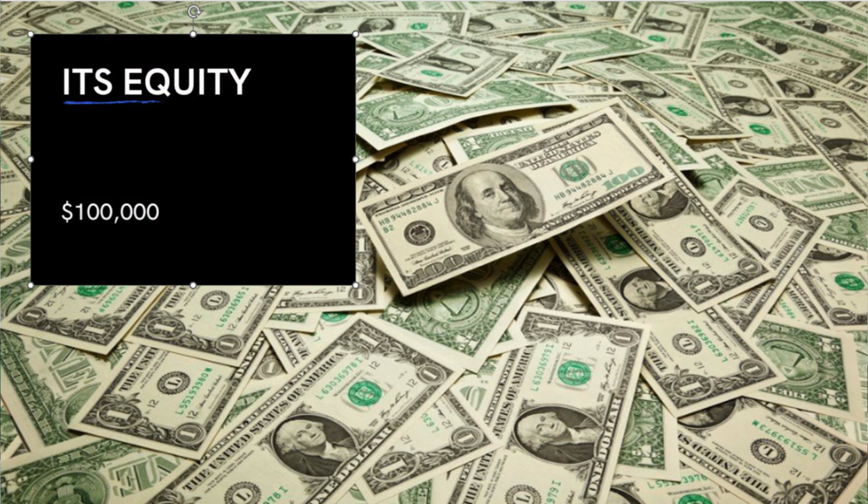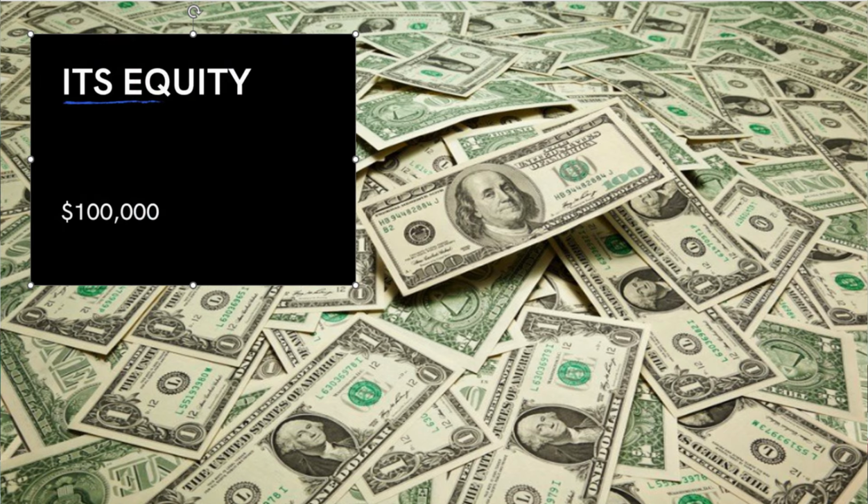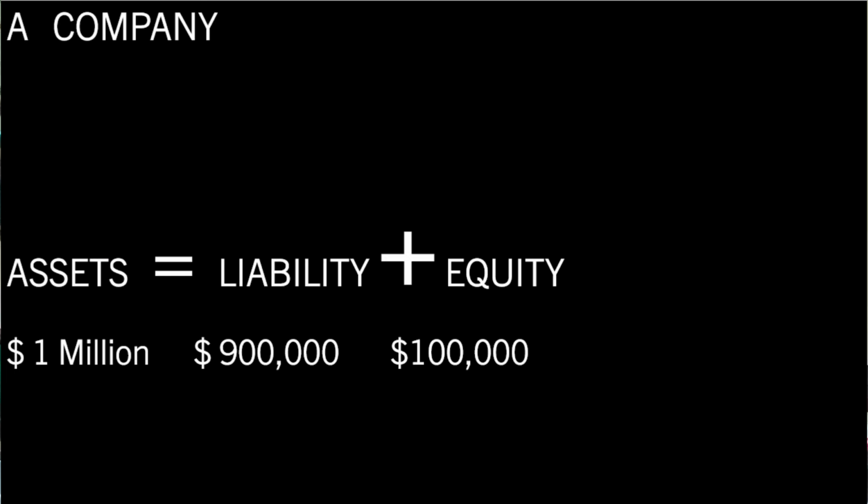So the net value of the company is not $1 million, but only $100,000, which is $1 million minus the $900,000 loan. After all, borrowing money does not make one richer, isn't it? That remaining $100,000 is the shareholders' equity.